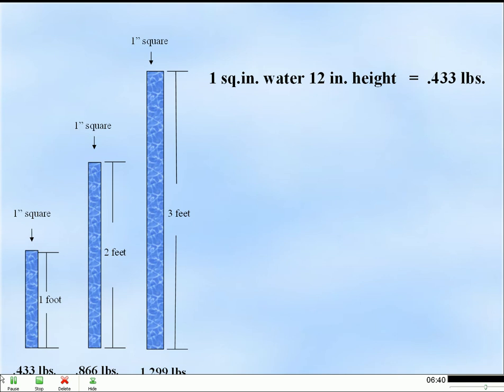A pipe that is 100 feet in height will have a PSI reading of 43.3 PSI at the bottom of the pipe. Every foot of height added will increase the pressure by the same amount. So if you have a 10-foot stacked pipe filled with water, it will exert 4.33 pounds psi at the base of the pipe.